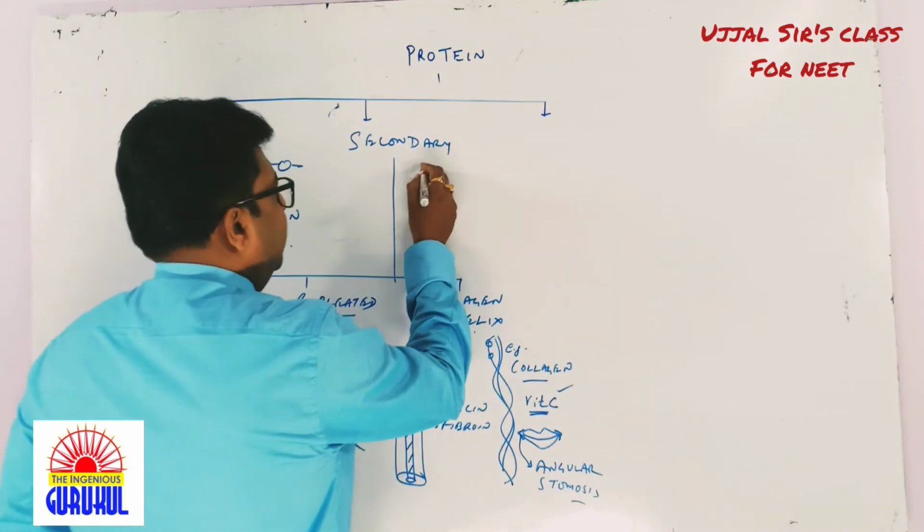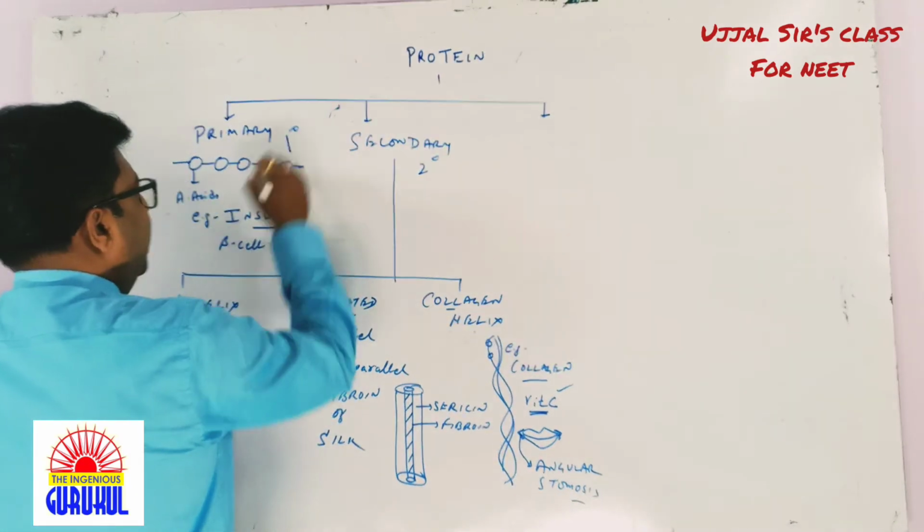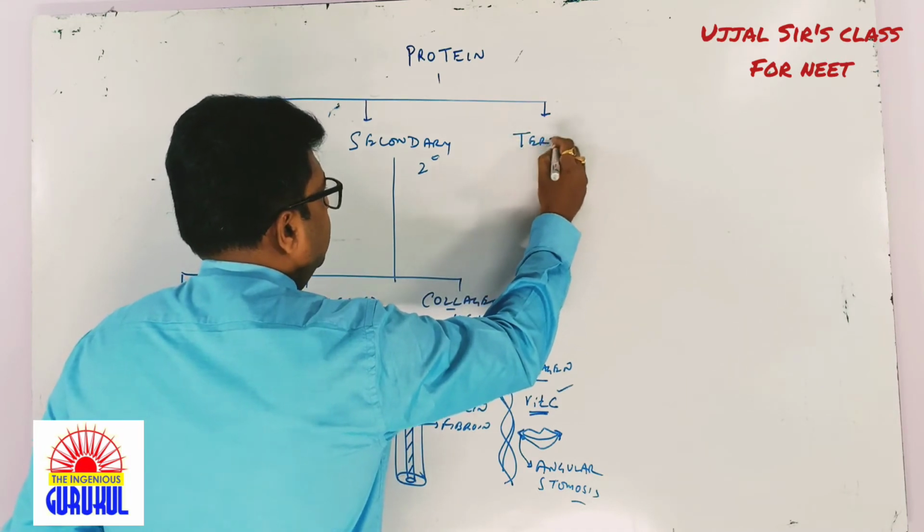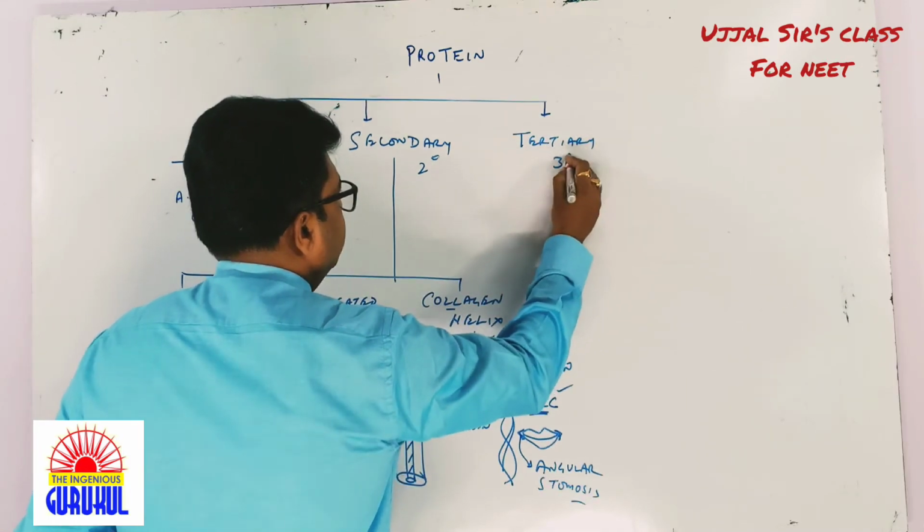So this is about secondary, which we call 2 degree, and primary is 1 degree. The third one is the tertiary structure, 3 degree.